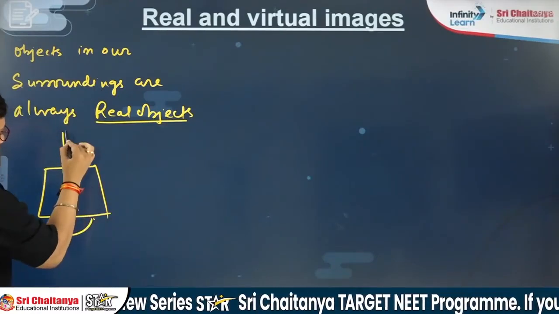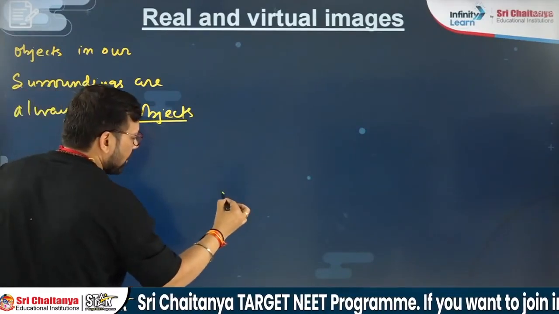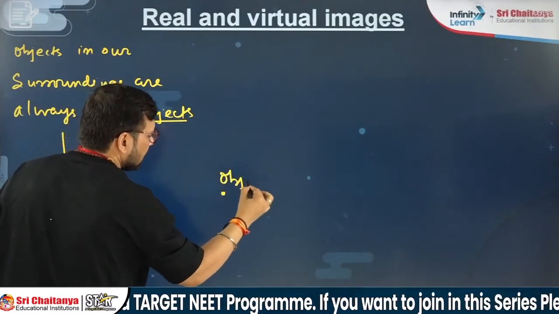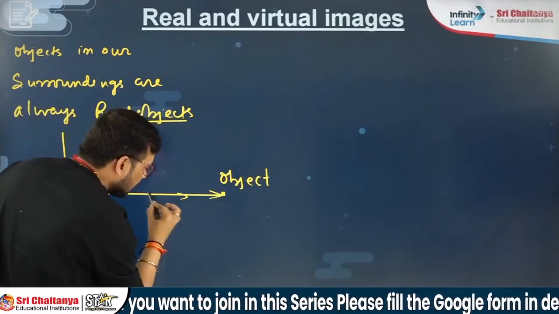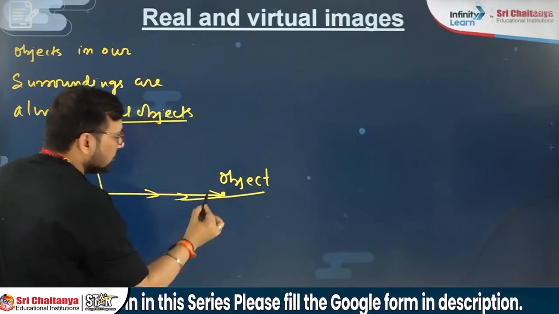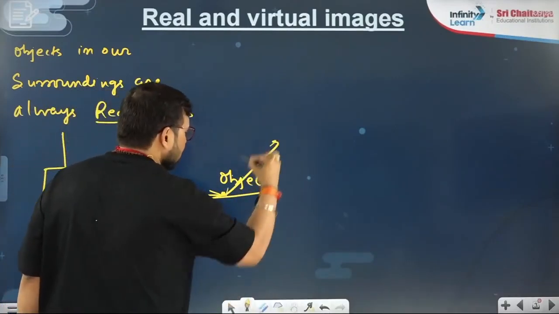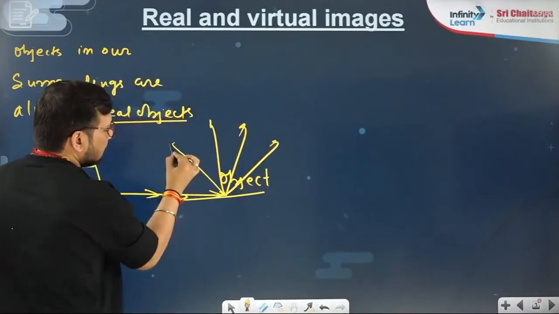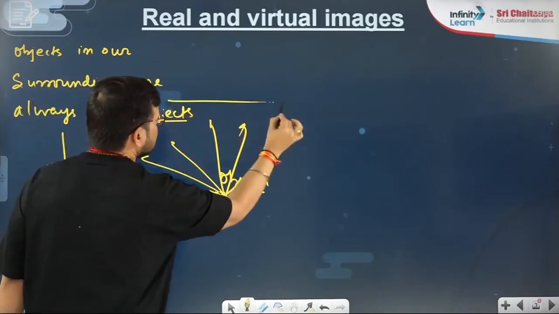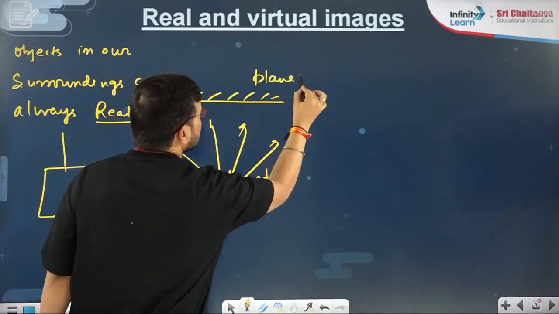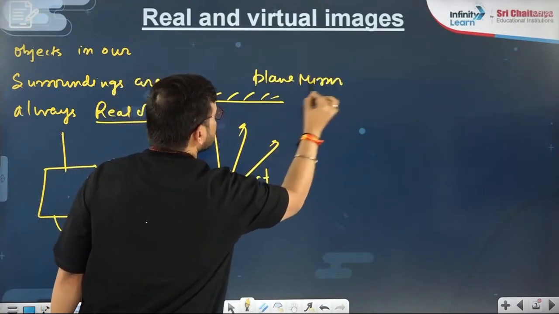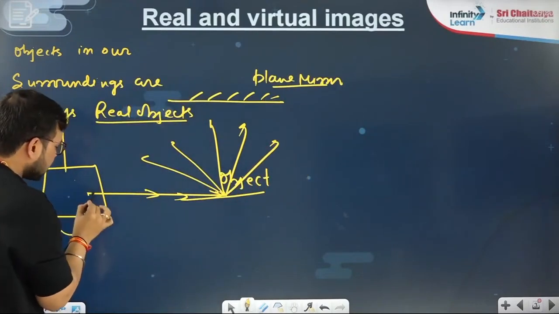That is the lamp, and this lamp is sending light to this object, which is the object here. From this object, light is going on some optical device. Here is the plane mirror. From the lamp, this is the source of light.